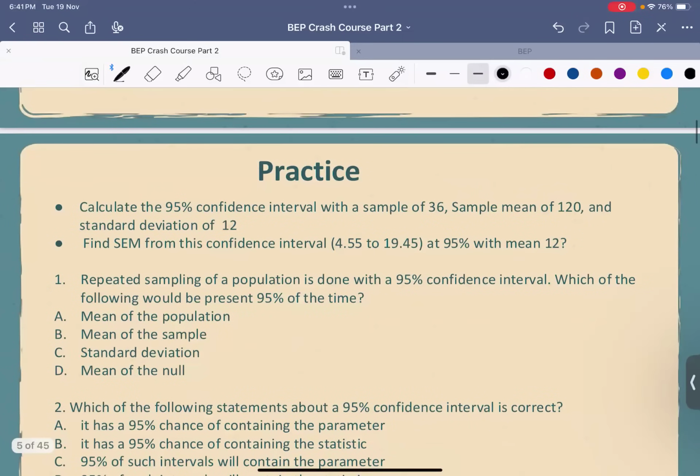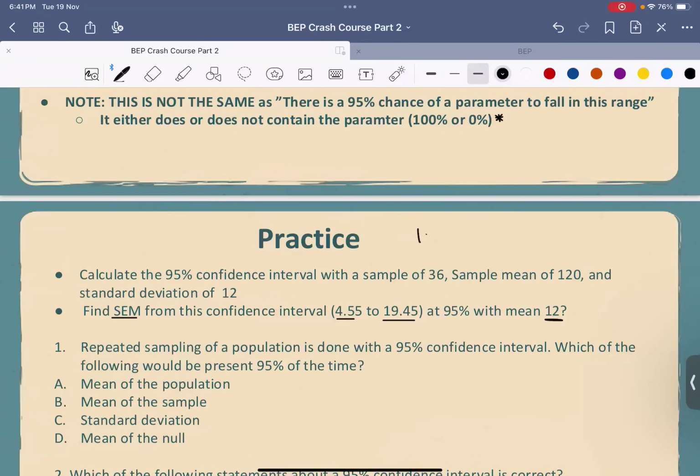Now this is another type of question they can ask. They said find the SEM from this confidence interval, which is 4.55 to 19.45, where the mean is 12. So now we have the mean: 12 plus minus 1.96 times x, because we need to find SEM now.